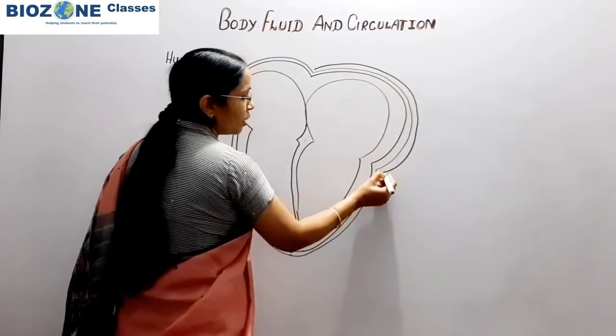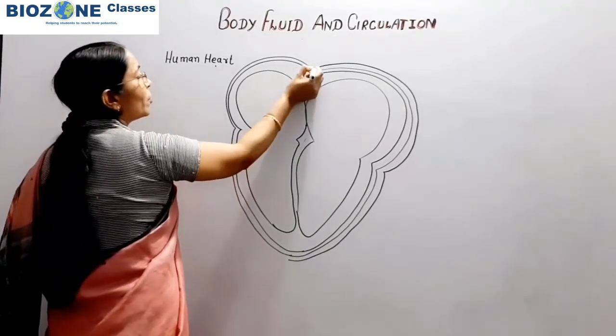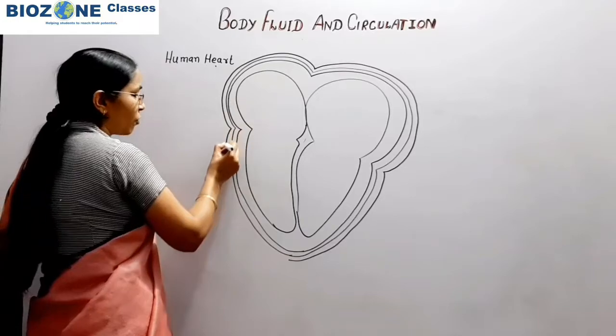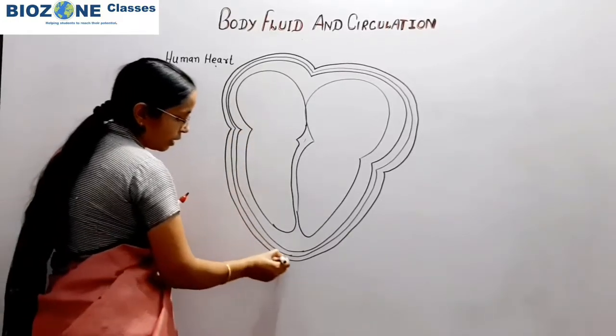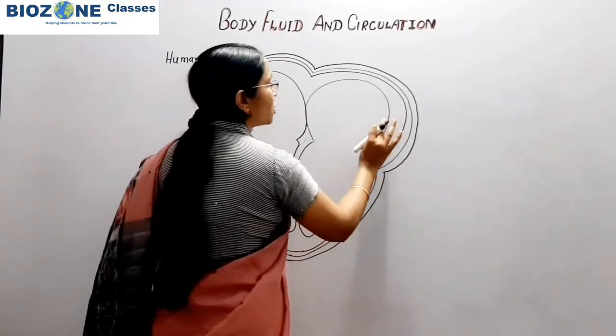So these are the three layers, the protective wall. The main function of the wall is to protect the heart from mechanical jerks and shocks.